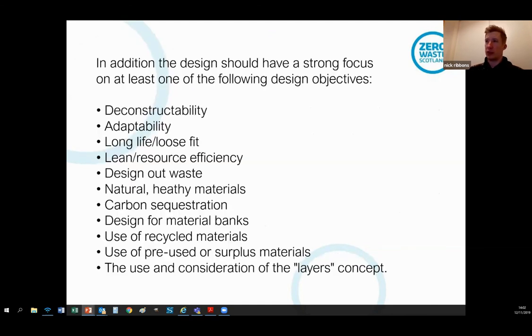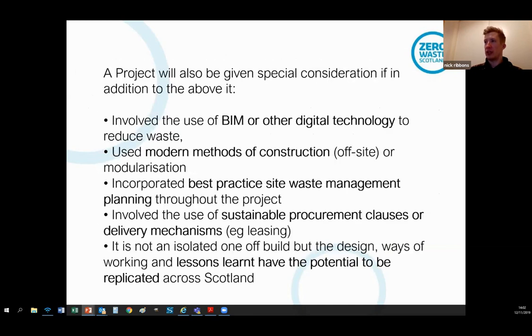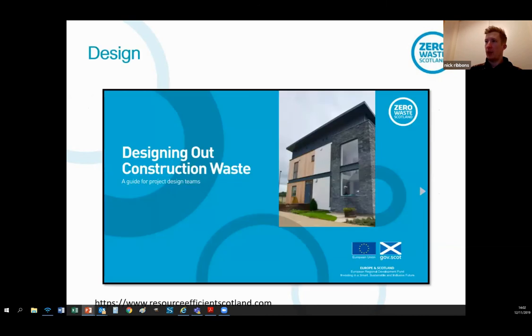So I'll circulate this, and this is really for any estates teams that would like to have a go. And finally, this is the Designing Out Waste guide that I mentioned earlier. Jill, maybe if you could send round a few links to these, and if people have questions, they can get in touch with me directly.